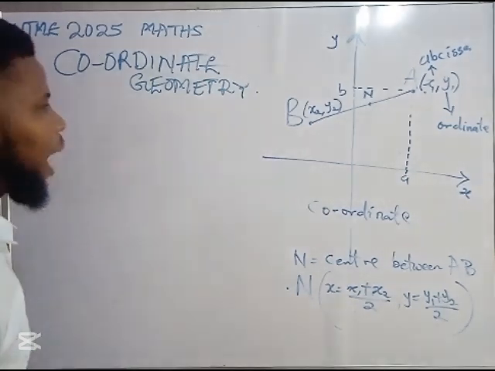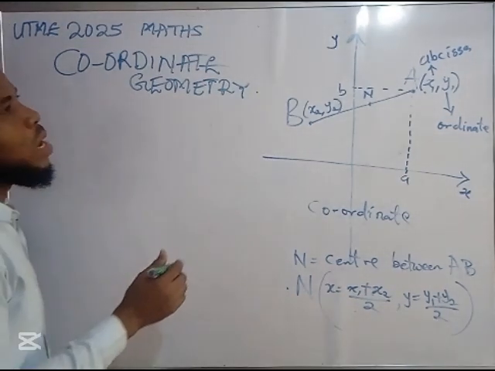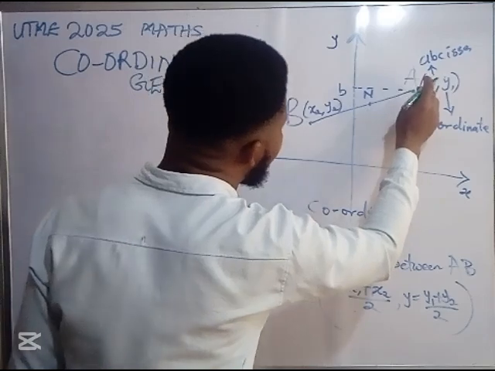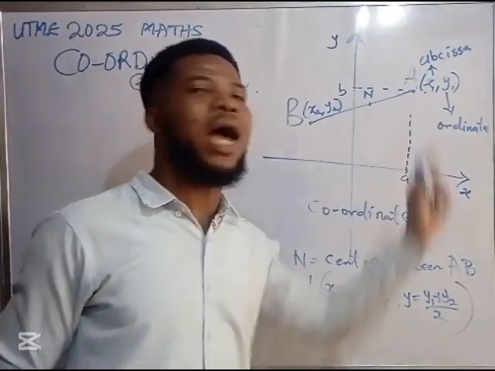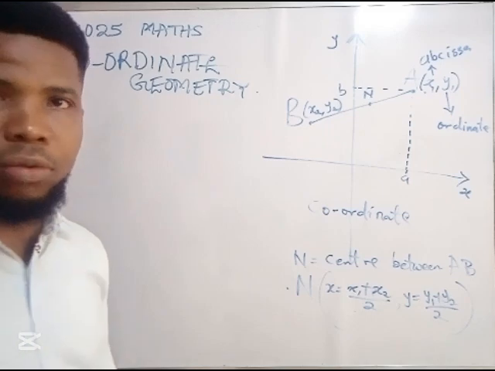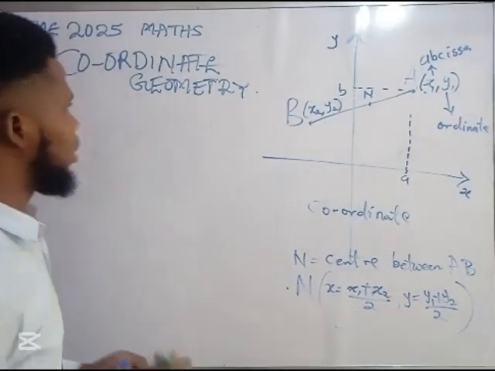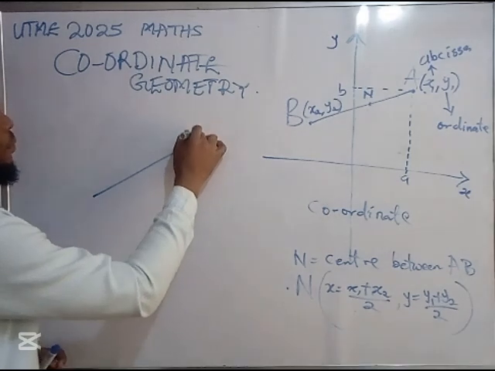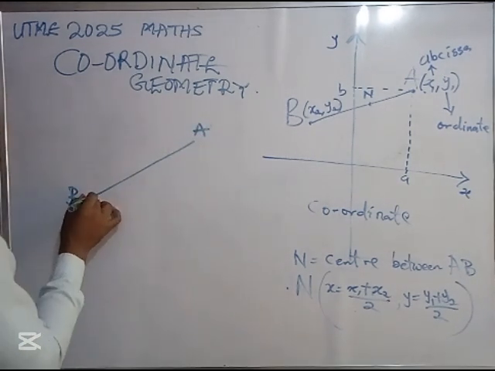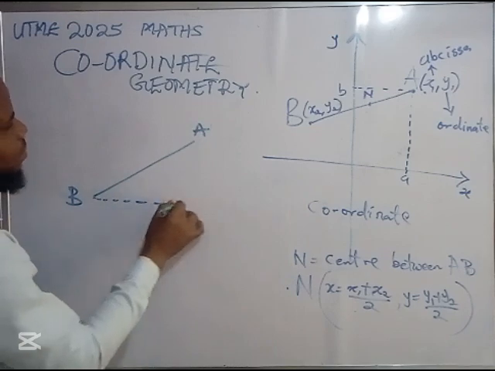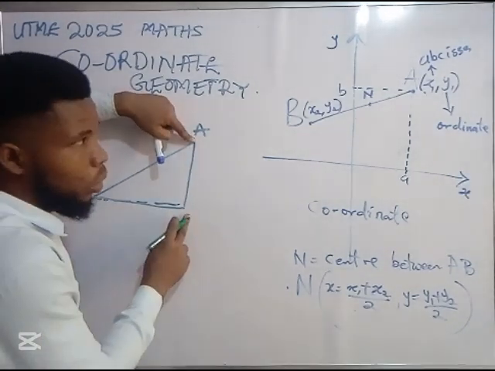Okay. So another thing we're going to find out is if they ask us to find the distance between A and B, which is something you are likely to be asked. Now let's assume that this is A, as you have there, and this is B. That distance is given by, from here to here, is what?